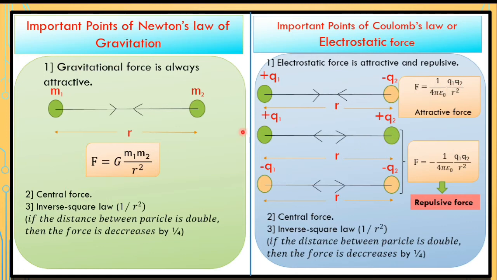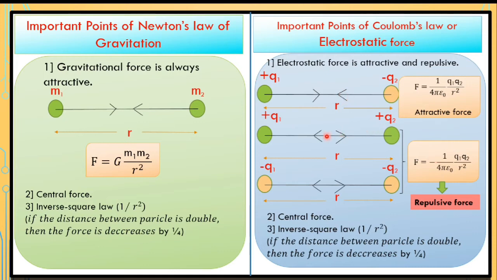Suppose one charge is plus q1 and another charge is also plus q2. Both charges are like charges, so there is repulsion between like charges. Similarly, if we consider minus q1 charge and another minus q2 charge, there is repulsion between like charges and attraction between unlike charges.